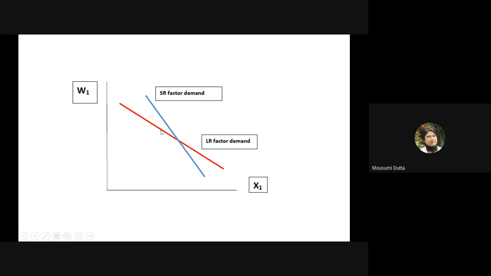This will be the long run factor demand and this will be the short run factor demand. This will be flatter than this. Is it understandable? The mathematical part, how we have the consistency as we consider the inverse demand function. Please check everything and tell me whether you are understanding the matter or I need to repeat any part.